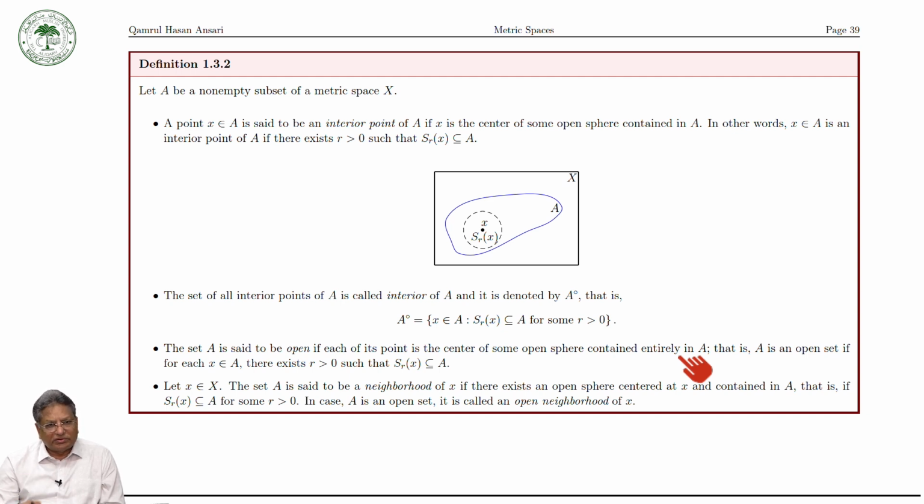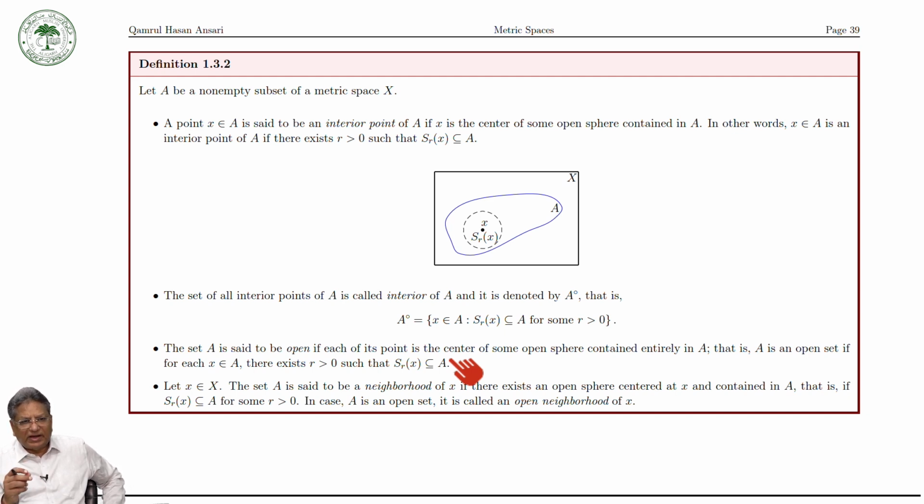In other words, the set A is open if and only if A is equal to the interior of A. In other words, a set A is open if for each x in A there exists r greater than 0 such that S_r(x) is a subset of A. So there are many ways you can conclude from the definition of the interior point or the open set.